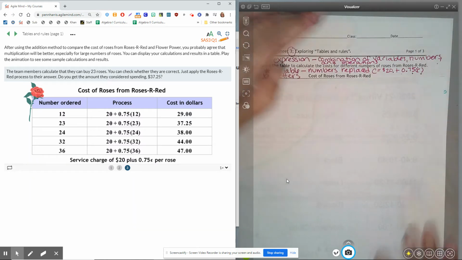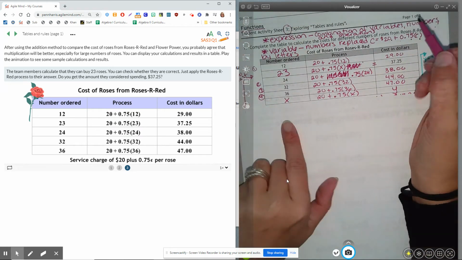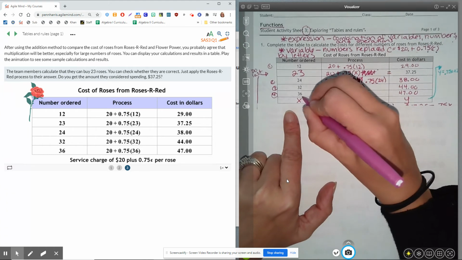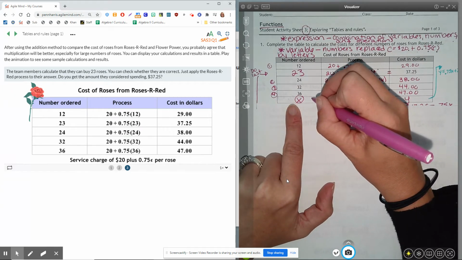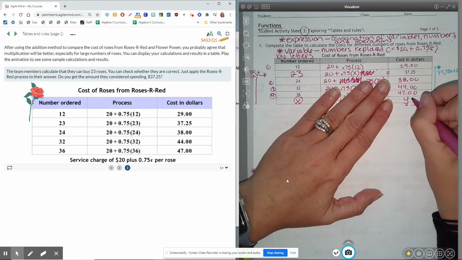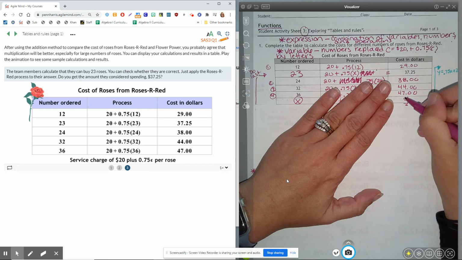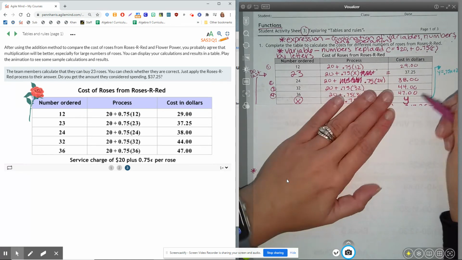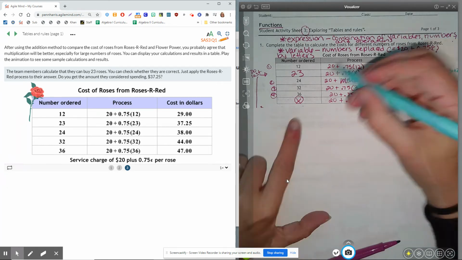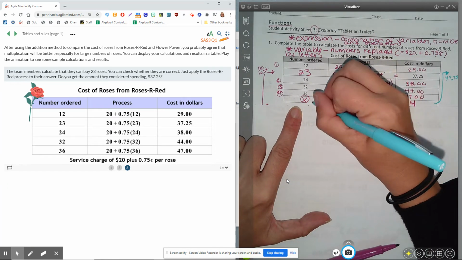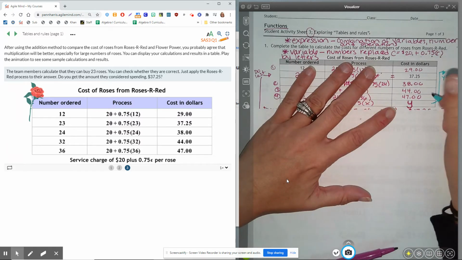So what they said is, let's come down here and show that it doesn't matter how many roses we order. We're going to replace that with the letter X. And then the Y: we don't necessarily know how many dollars there's going to be, so we're going to replace that with the Y here. As a reminder, if you need to write this down, our X is always going to be our independent variable, and our Y is always going to be dependent.